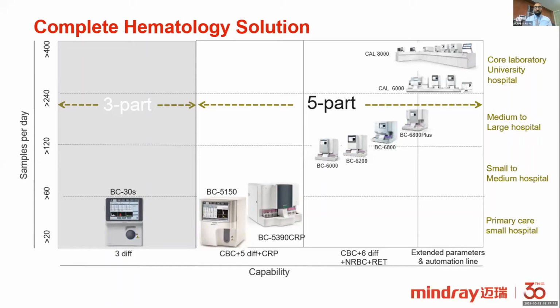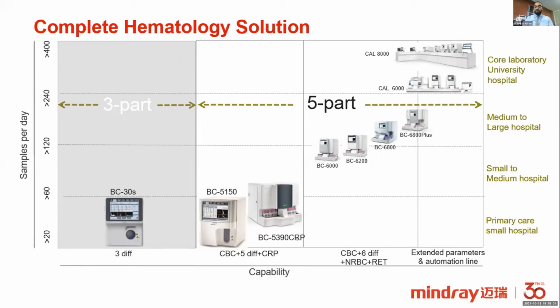This is good as a backup machine, also for small labs with limited budget and space. Also, we have this model with an autoloader, so we can load samples continuously and automatically, and give the 5-part leukocytes.